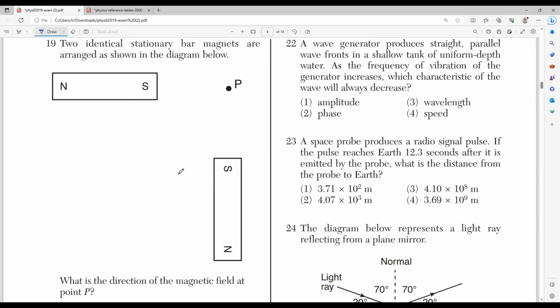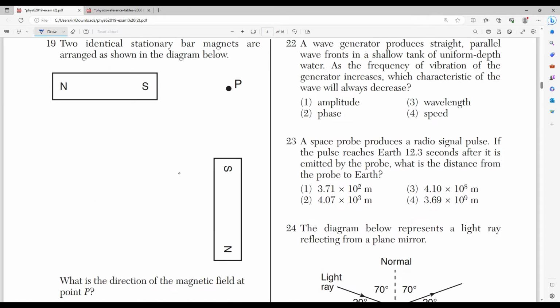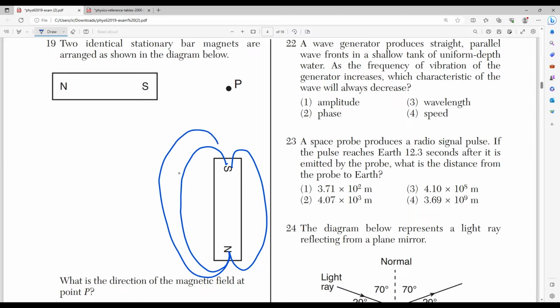Moving on to number 19, it says two identical stationary bar magnets are arranged in the diagram below. What is the direction of the magnetic field at point P? Remember that magnetic field lines travel from north to south. So really what you're going to have is a bunch of lines that go from the north to the south direction. I'm going to draw them here.